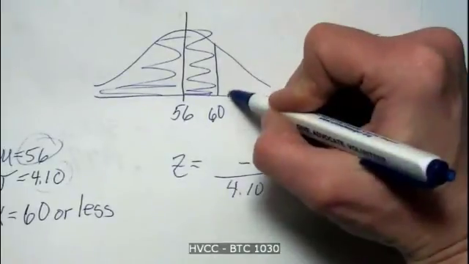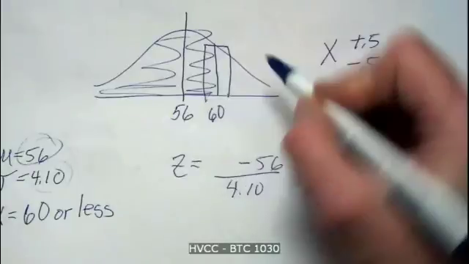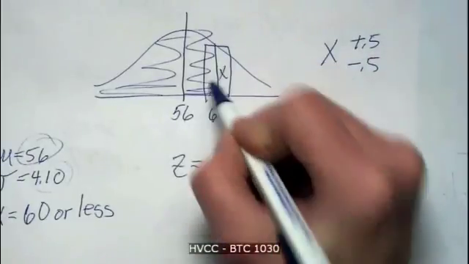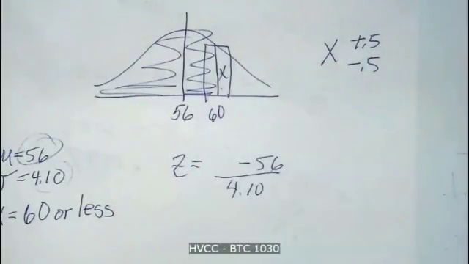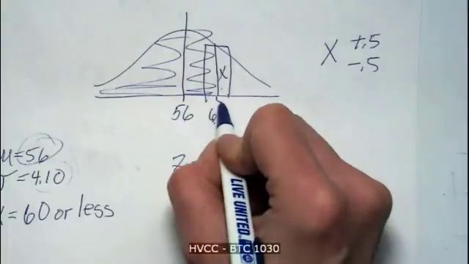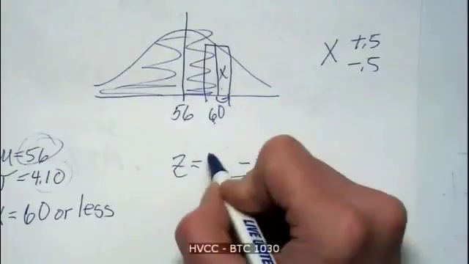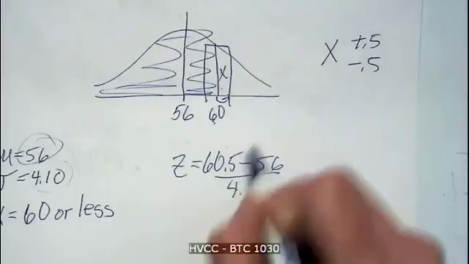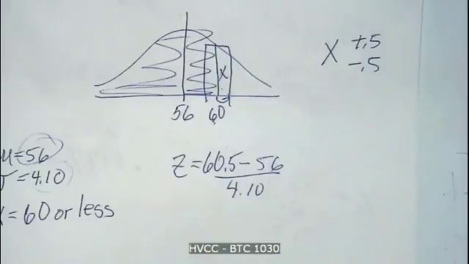Well, I exaggerate my bar, and this time the right side of the bar is empty. So instead of using 60, I had to add 0.5, or 60.5, to get my z value. Okay? So this pretty much concludes what I wanted to do in Chapter 7.